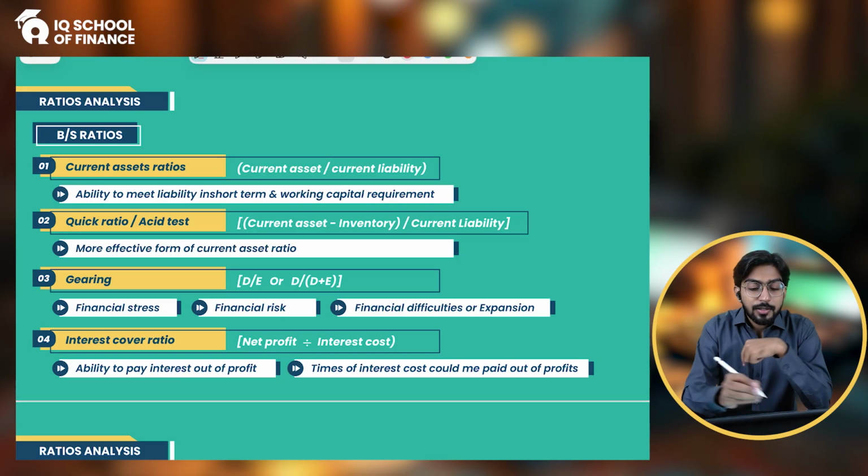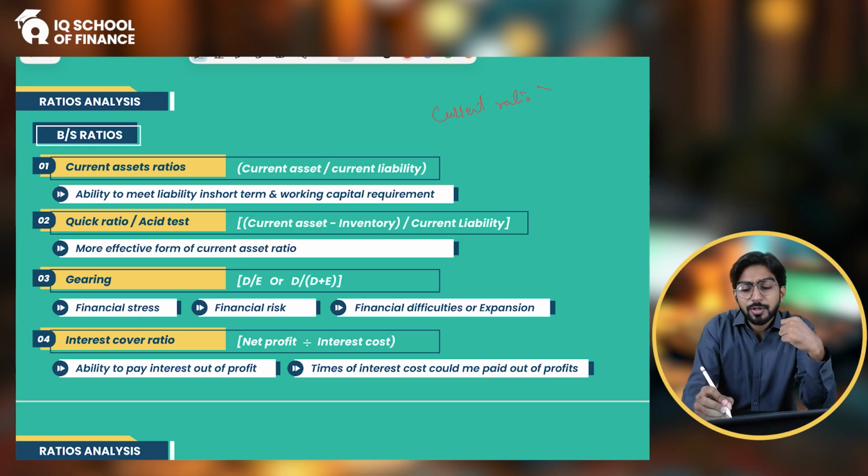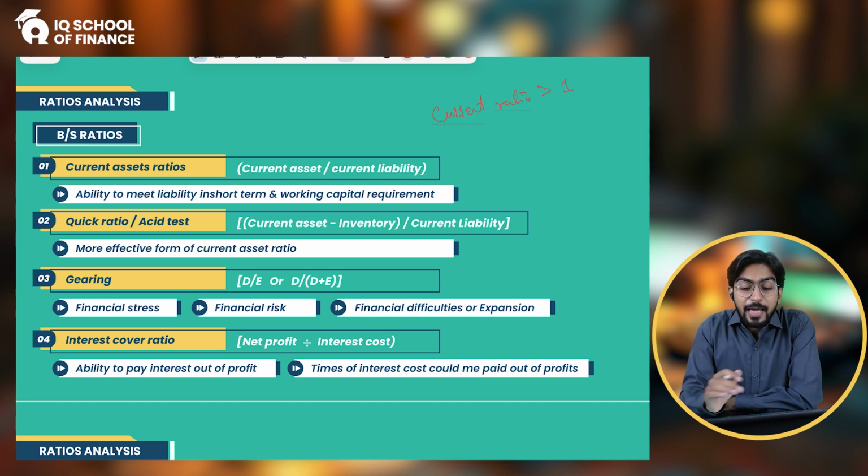But sir, that means if the current ratio is higher than one, it's a good thing? No, I didn't say this. I'm telling you what it shows, but I am not saying that it's a good thing or a bad thing, because you have to see this from the business nature. It varies from business to business, and you have to look at your own targets.